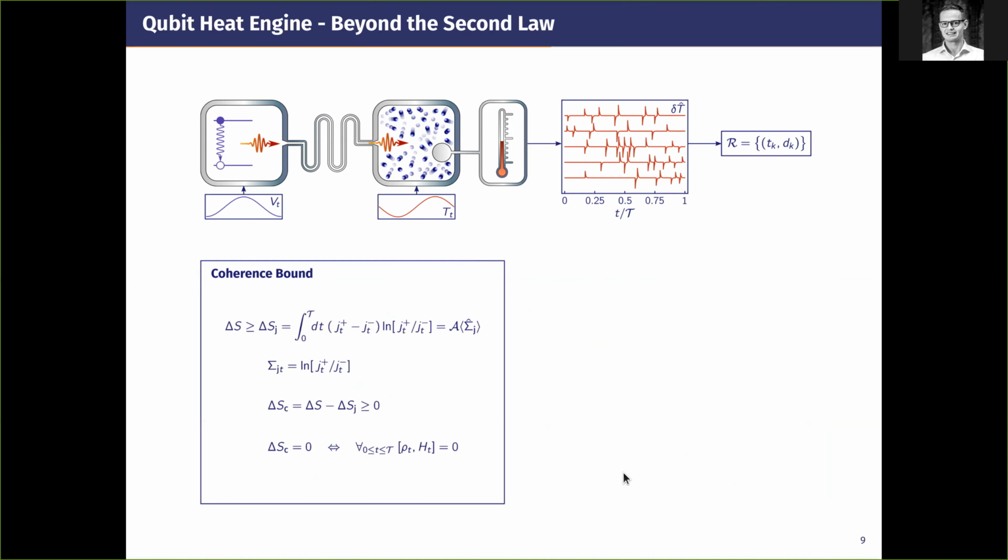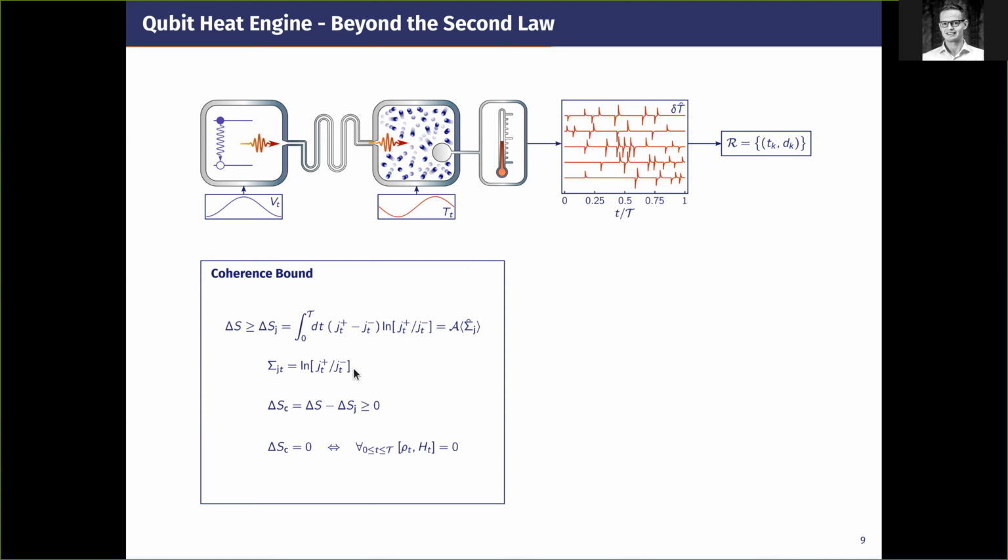Okay, let's see what we can do with this. We can now derive bounds on entropy production, which go beyond the second law. The first one is this one here, which I call the coherence bound. And it shows that the total entropy production is bounded from below by the average of this thermodynamic flux sigma j, which is defined in this way.